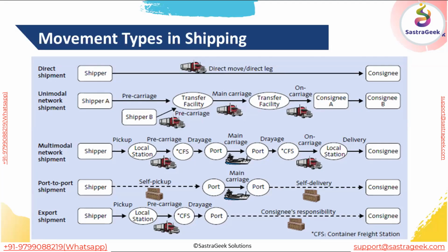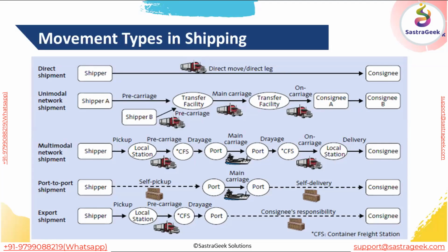Bringing the goods till the port is the responsibility of the shipper, and taking the goods from the port till the consignee is the responsibility of the consignee. So in port to port movement, it is typically only the main carriage that is the responsibility of the carrier.